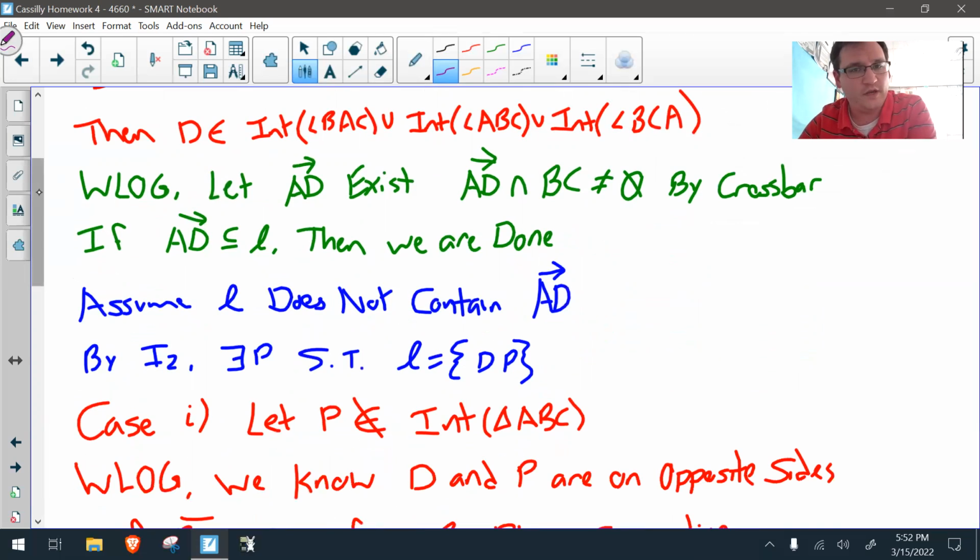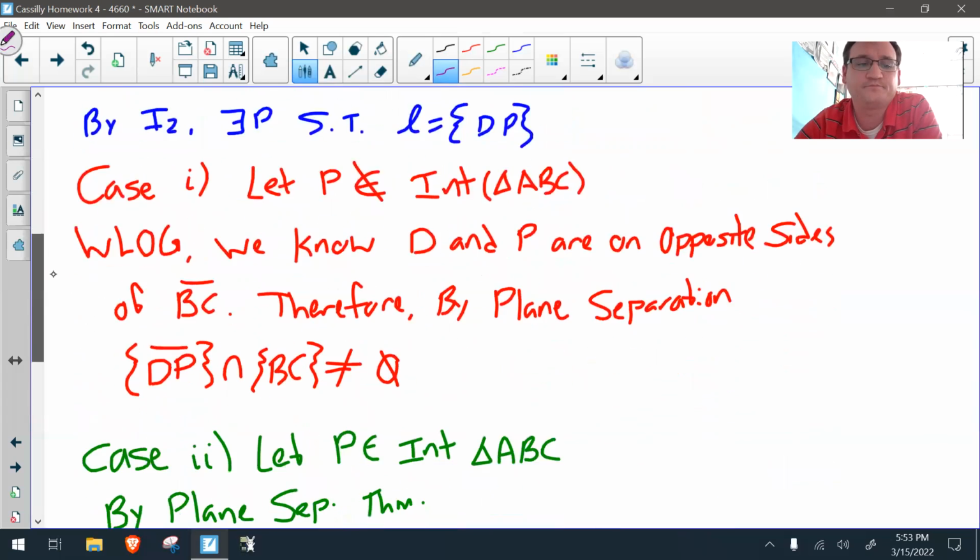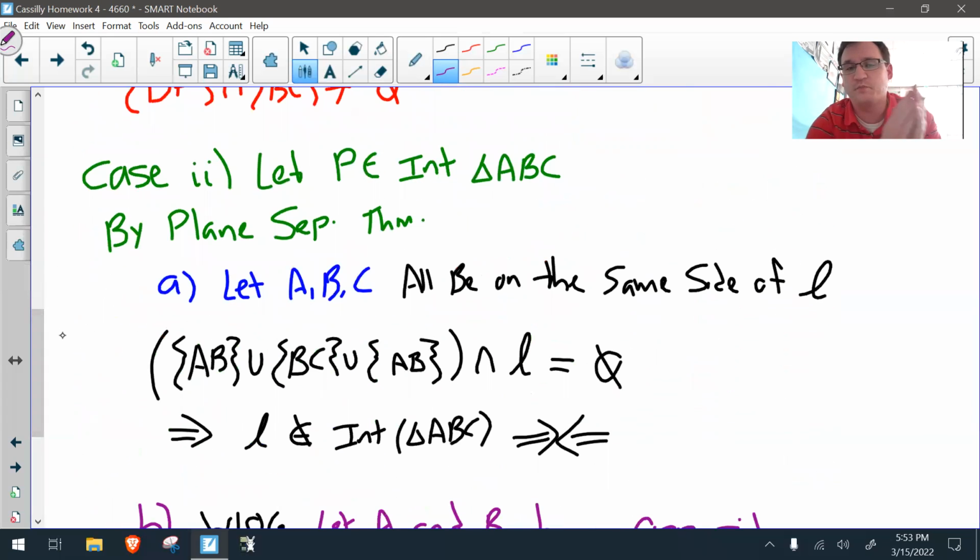Either the second point on line L was on the exterior of the triangle, and if point P was on the exterior where point D was on the interior, plane separation forced an intersection with one of the sides of the triangle. That was case one. Case two was both P and D were on the inside of the triangle. Okay, and with both being on the inside of the triangle, that brought up two cases.